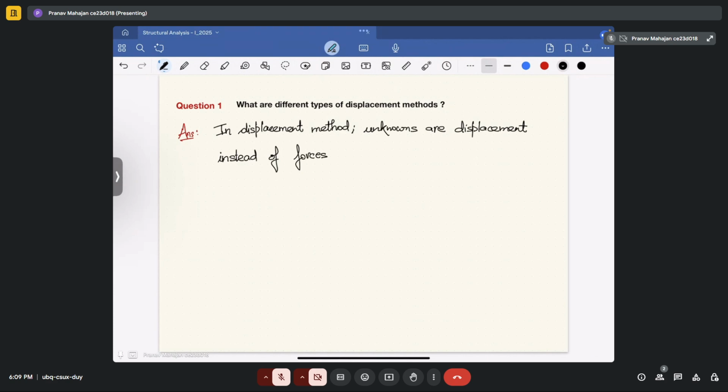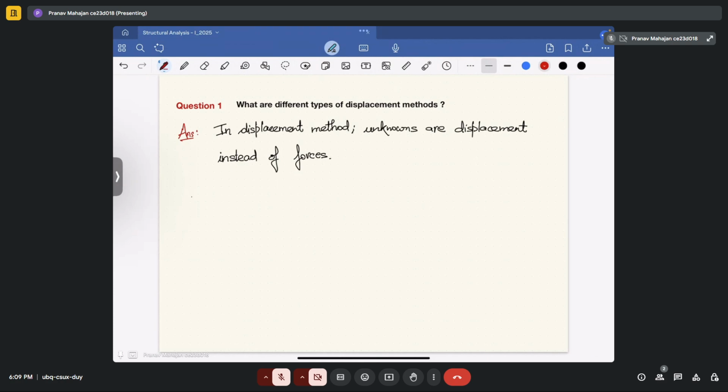Earlier you determined the forces under different conditions using the force method. So in the displacement method, you have the displacement as your unknown. So what are the different types of displacement methods?